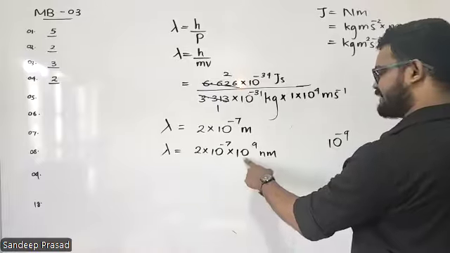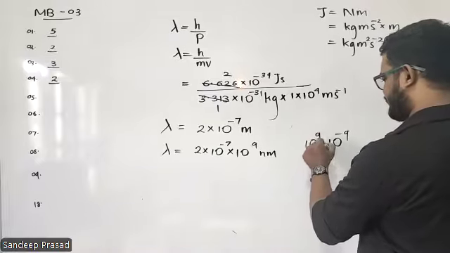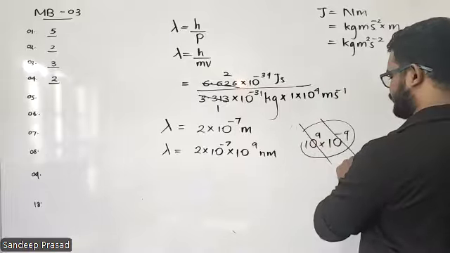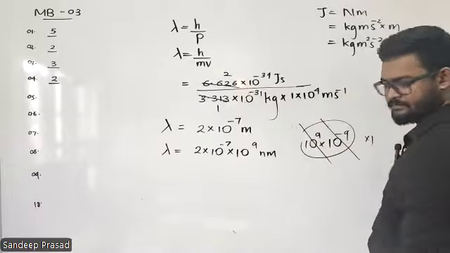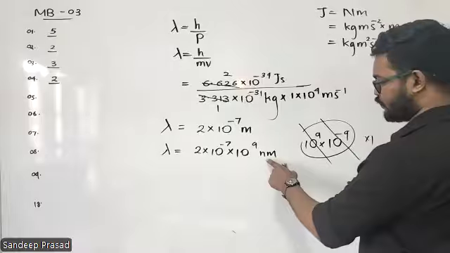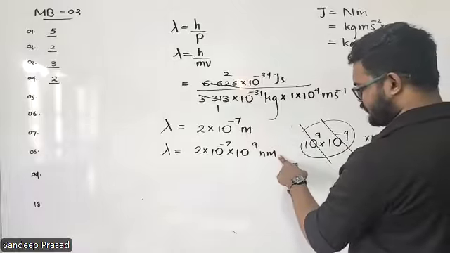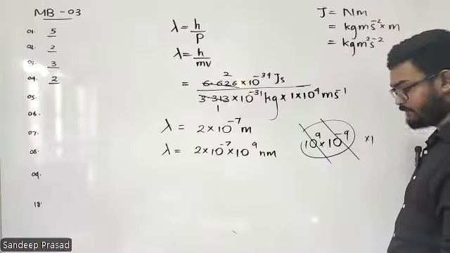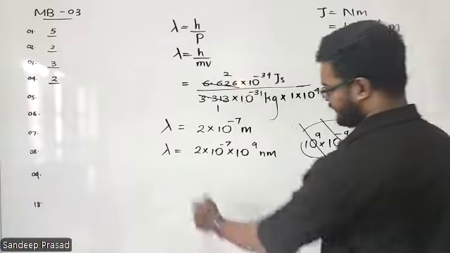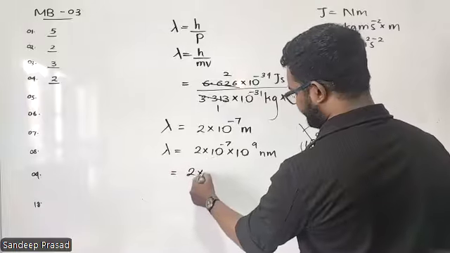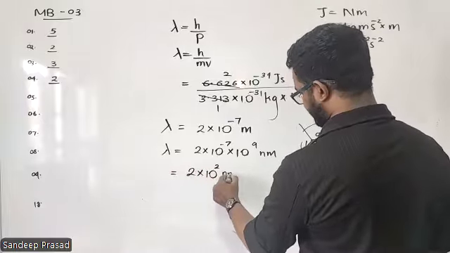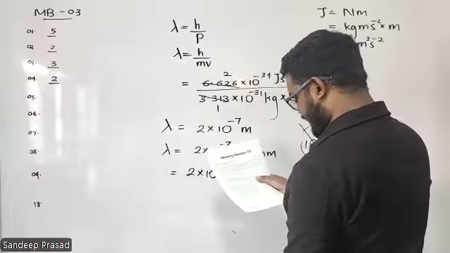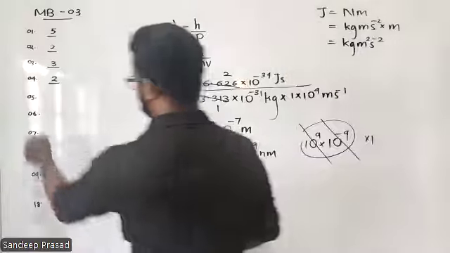If I multiply that by 10 to the power plus 9 again, then no issue. So it cancels off and 1 is there. So you can convert meters into nanometers by multiplying by 10 to the power 9. Then lambda equal 2 × 10 to the power 2 nanometers. So for question number 5, the answer should be the third one.